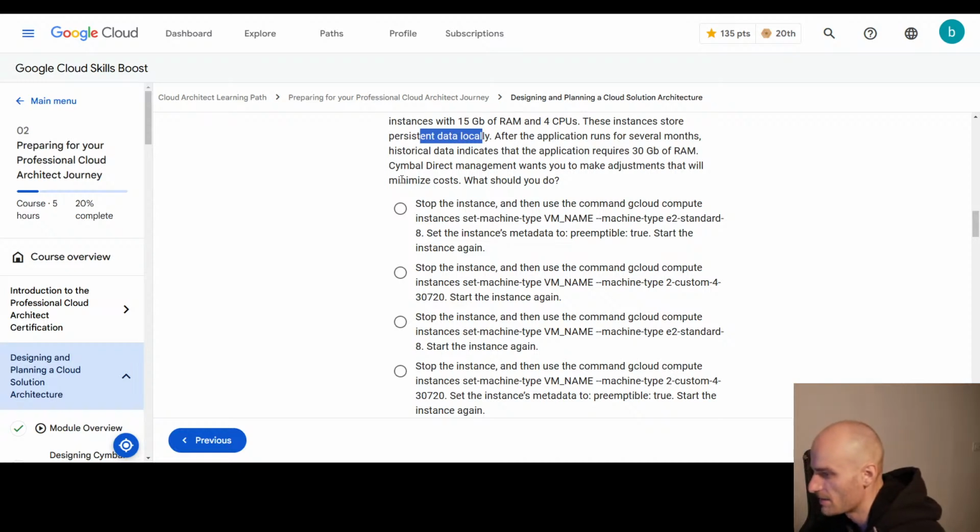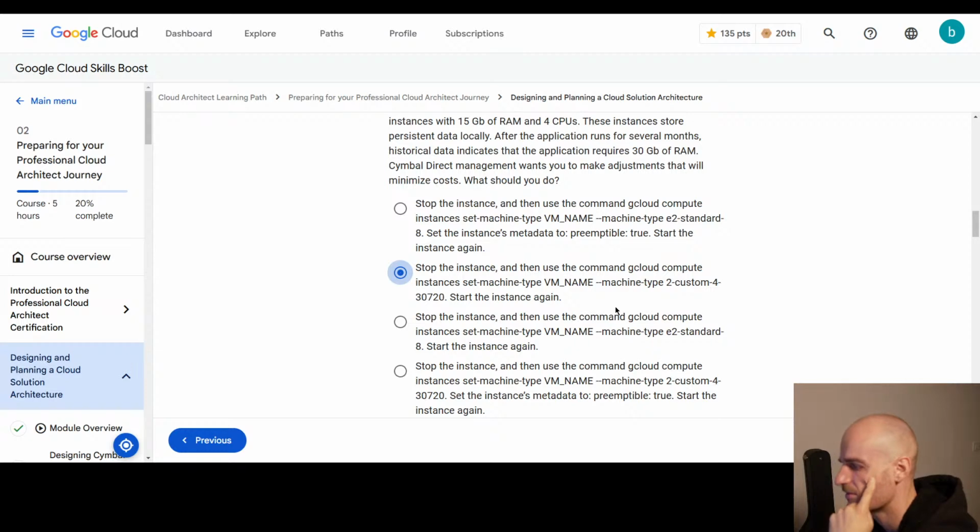Machine type to custom, blah blah blah. I have no idea, and the E machine type maybe is too much, like 30 gig of RAM. But I'm not even sure if 8 refers to the gigs of RAM. Therefore, I will just put the custom. Yeah, because in general, the E-type machines cost a lot, if I'm not wrong.